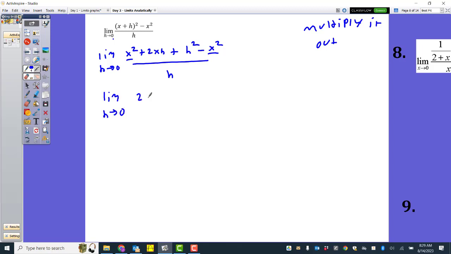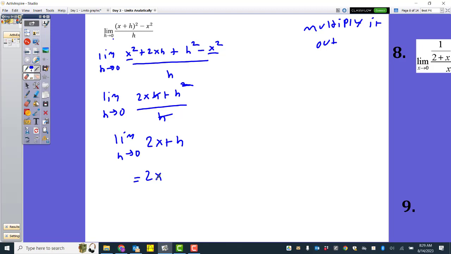And we're left with an h in every term of the numerator and denominator. So h's can cancel. Limit as h approaches 0 of, don't need a denominator there, 2x plus h. And we can now plug the 0 into h. And so we get this limit is equal to 2x.